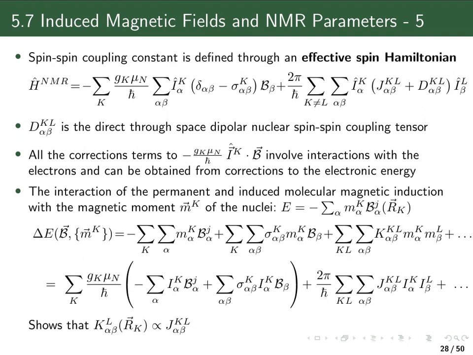And in the second term, we have the induced molecular magnetic induction due to nuclei L, interacting with the magnetic moments of nuclei K. And if I introduce the relation between the reduced coupling constants and the normal J coupling constants, I can also write it in this way.